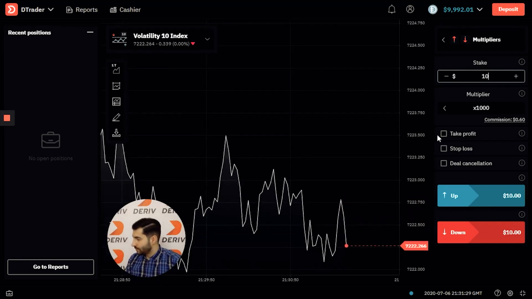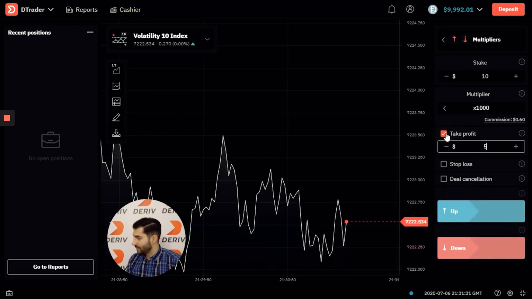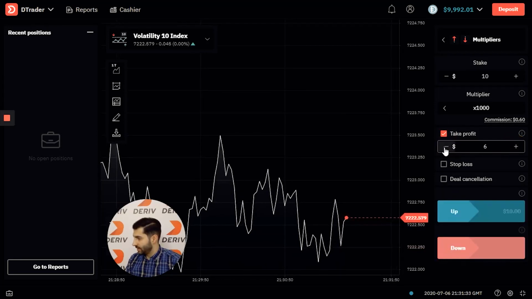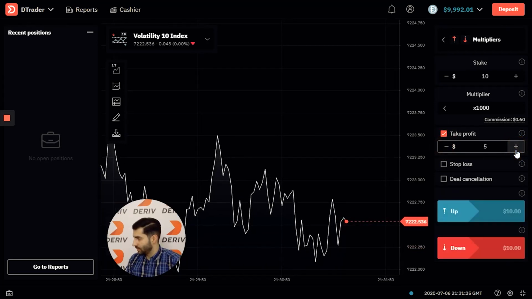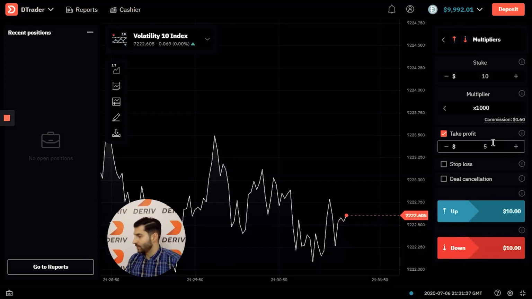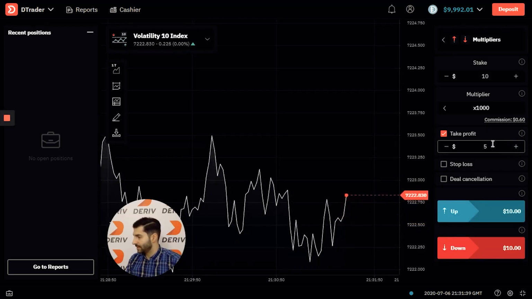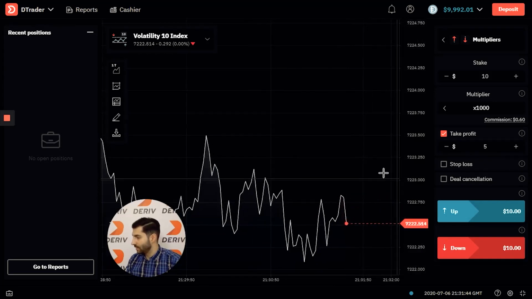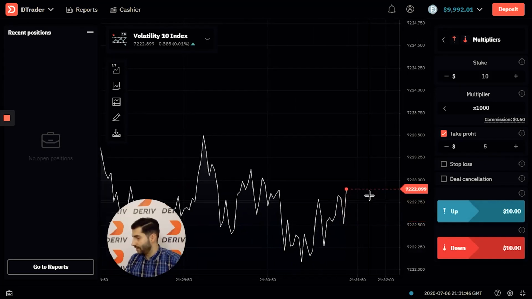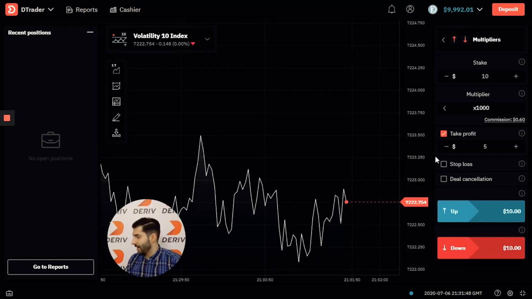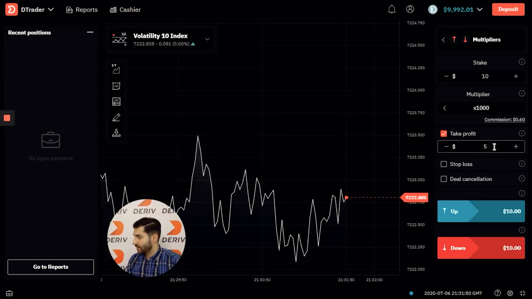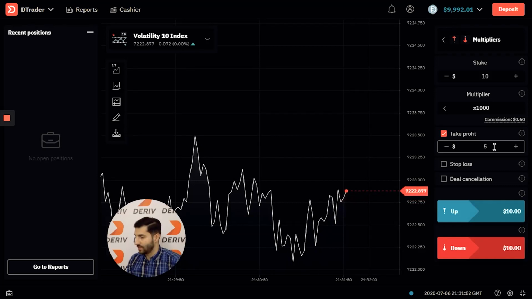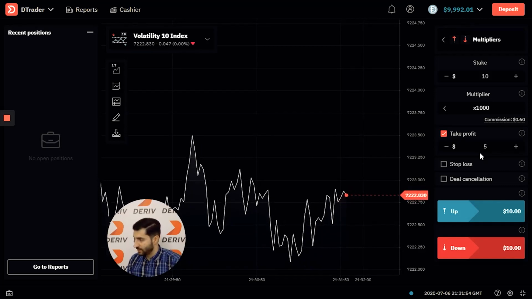Moving on to the next feature, take profit. Over here, as you can see, once again, I can adjust the amount on the side with the plus and minus buttons. So take profit basically is me telling the system that if the market moves in my favor, and once my profit hits $5, the contract will automatically close and I will receive those $5 without any manual intervention.